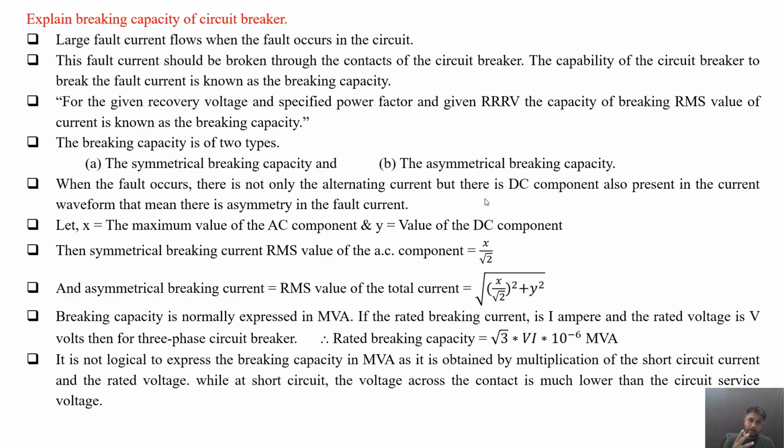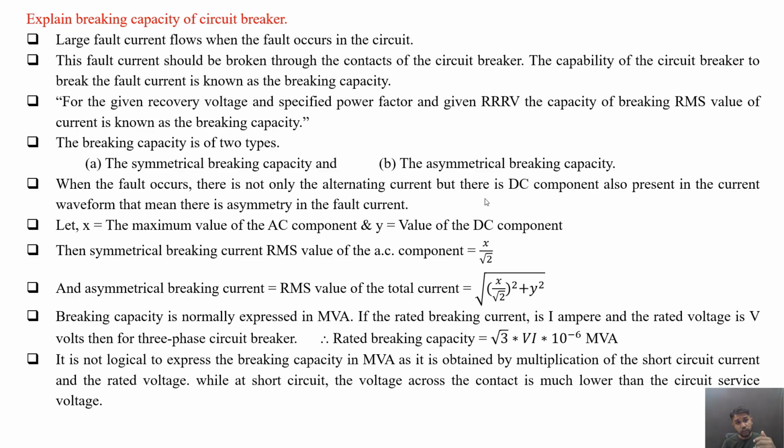So it can be defined as, for the given recovery voltage and specified power factor and given RRRV, that is rate of rise of restriking voltage, the capacity of breaking RMS value of current is known as the breaking capacity. The breaking capacity can be classified in two ways. One, the symmetrical breaking capacity, and second is the asymmetrical breaking capacity.